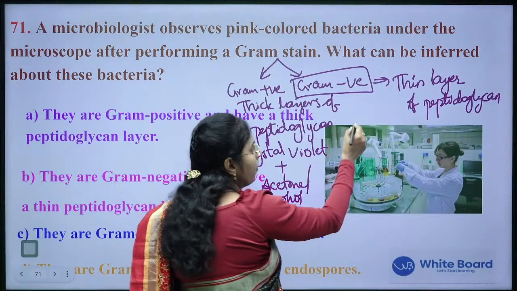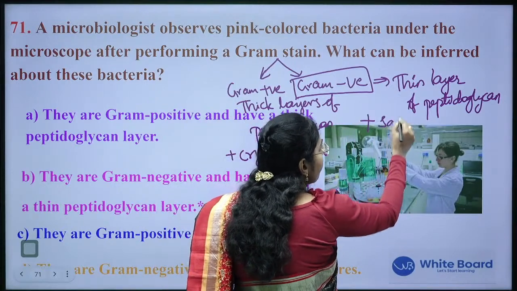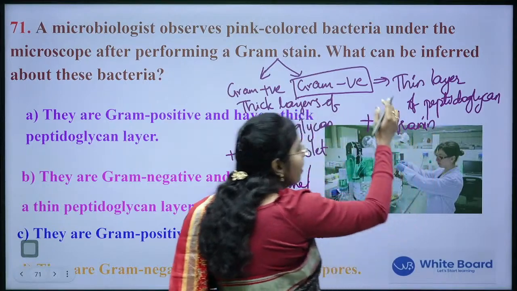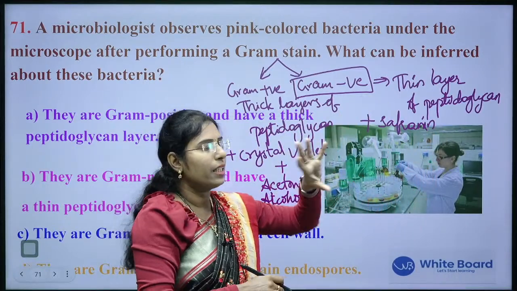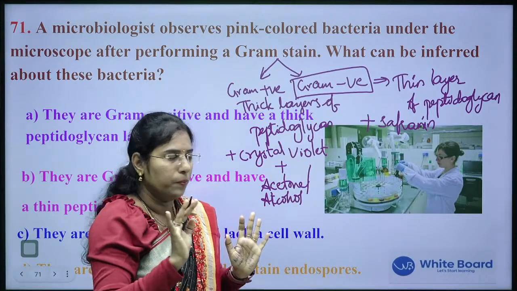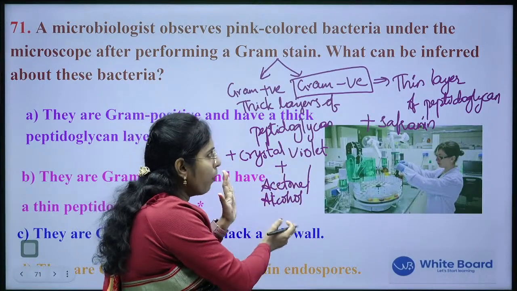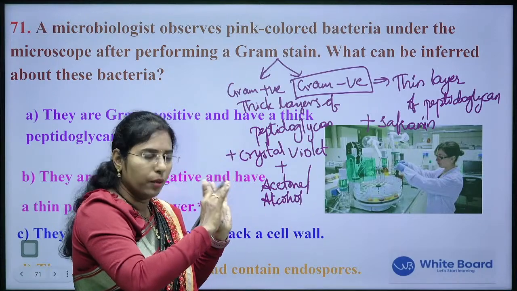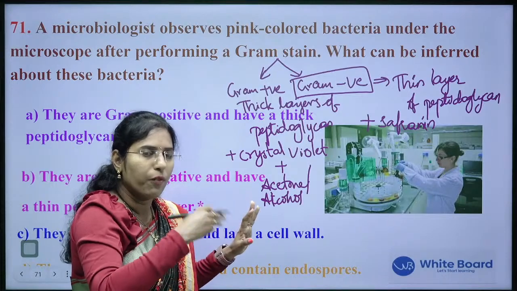In the next step, when you add safranin as the second or counter stain, the bacteria will hold this safranin and give a pink color. So if it is a gram positive bacteria, it will retain the crystal violet color, the violet color, and it will not take any further stain.